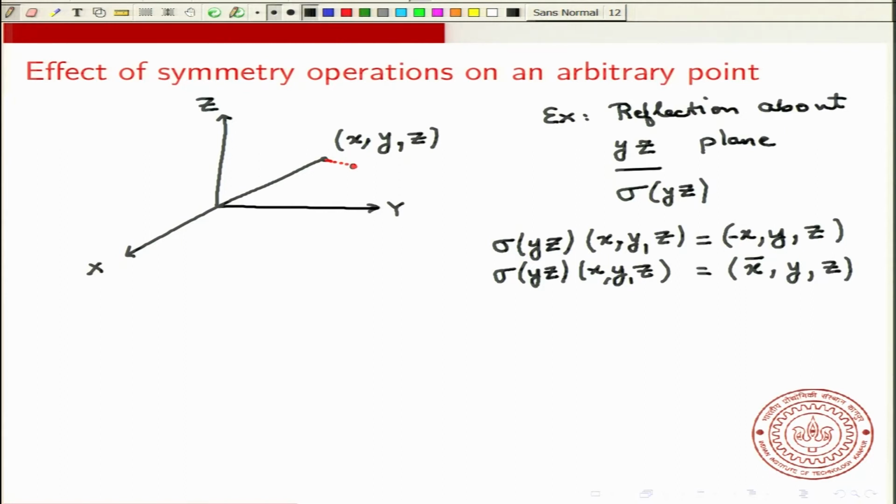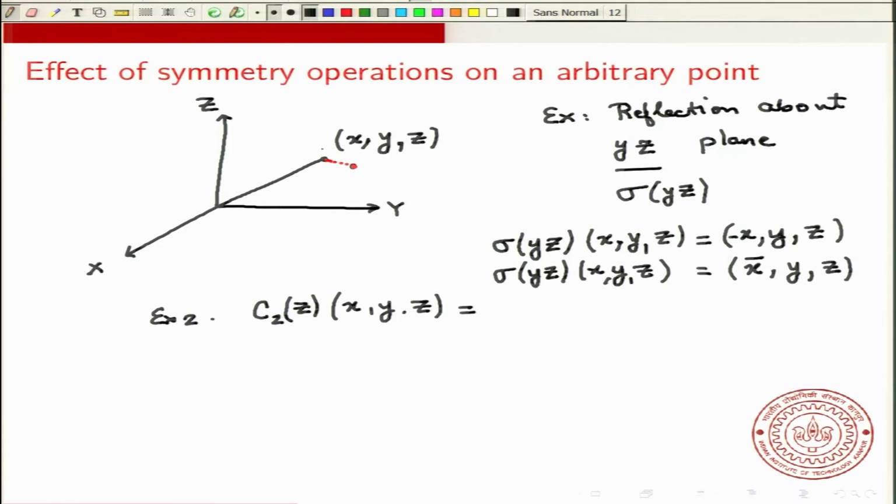You can do this for other operations too. So let us take an example. Let us rotate this point by 180 degrees about the z axis. In this case, you can see what will happen.